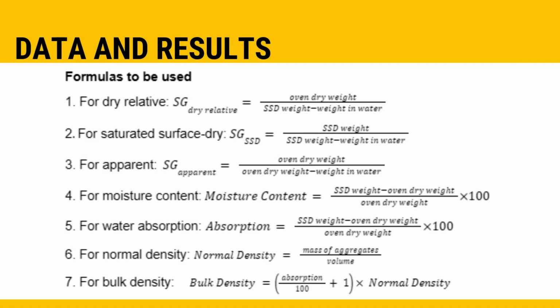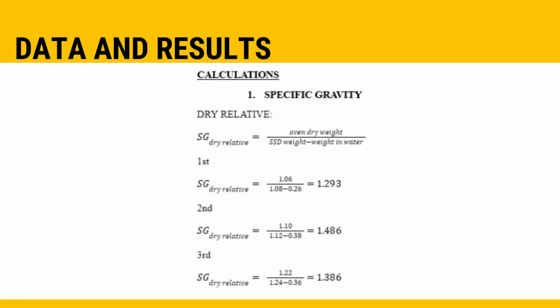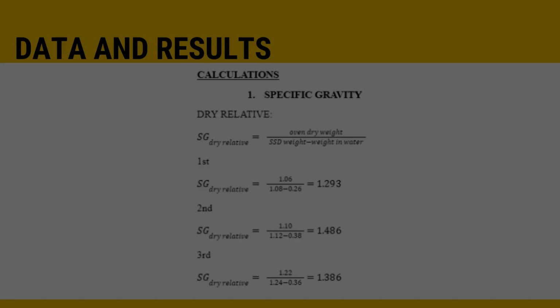The mechanical properties of the aggregate sample are derived using this set of formulas. For the specific gravity, we first get its dry relative by using the formula wherein the oven dry weight should be divided by the saturated surface dry weight that is subtracted by the weight in water, and these are the results.